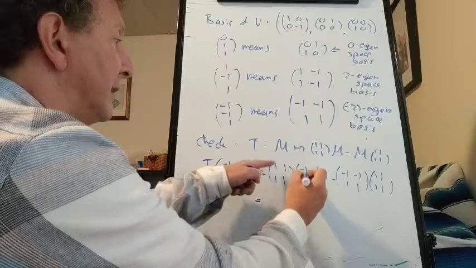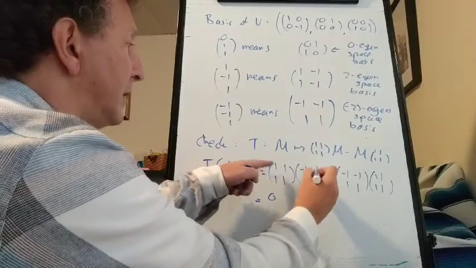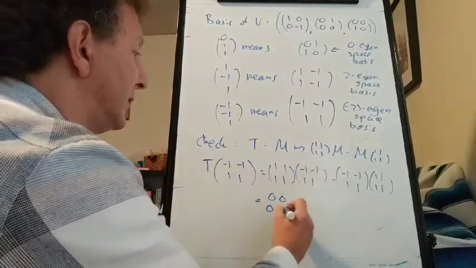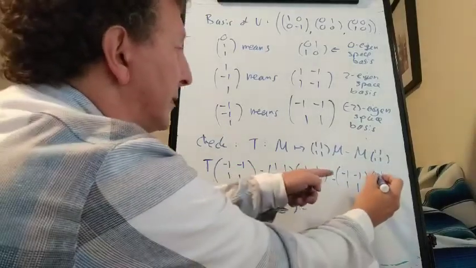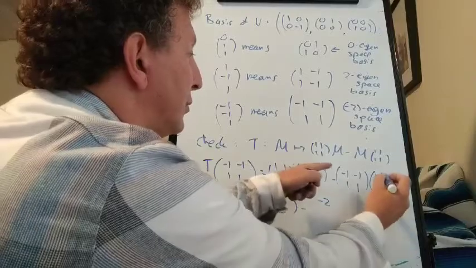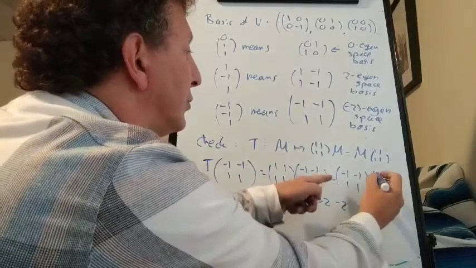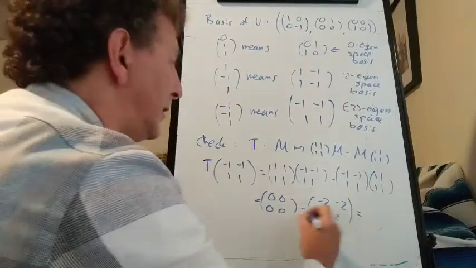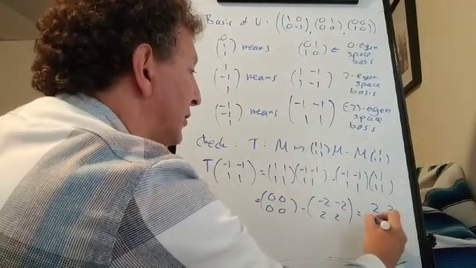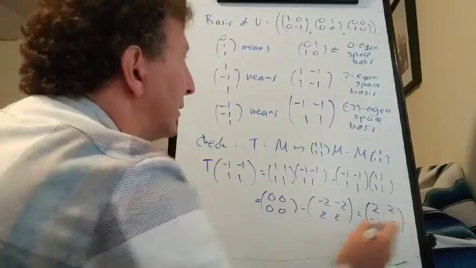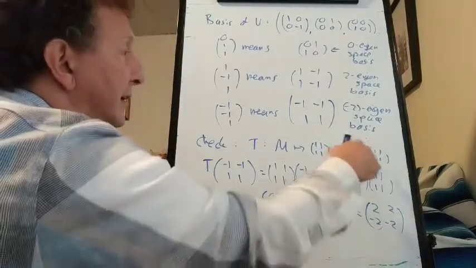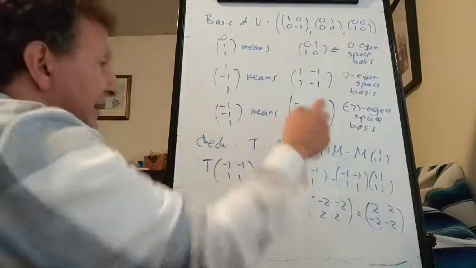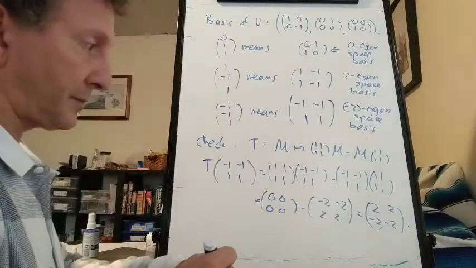We get 0, 0, 0, 0 minus negative 2, negative 2, 2, 2, which is positive 2, positive 2, negative 2, negative 2, which is good because this is negative 2 times that matrix, which is what we expected when we applied T to this matrix.